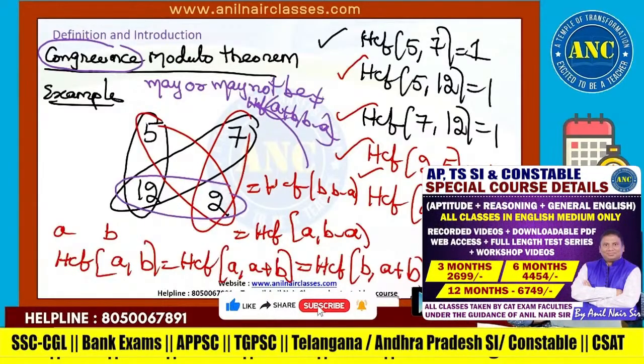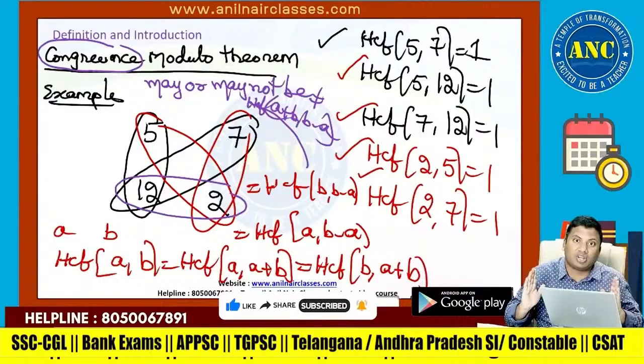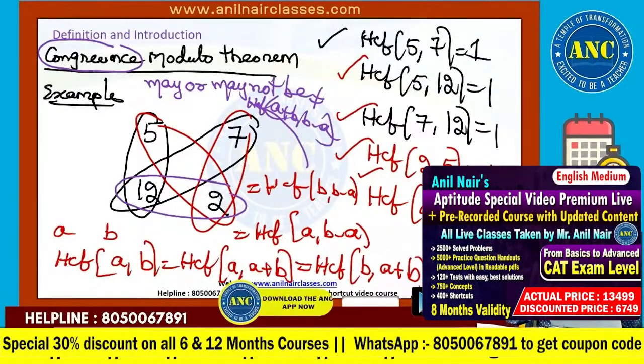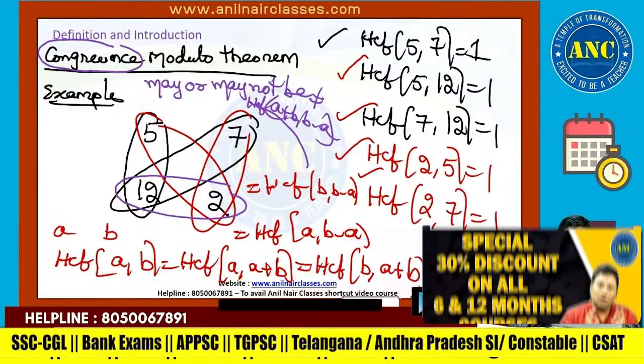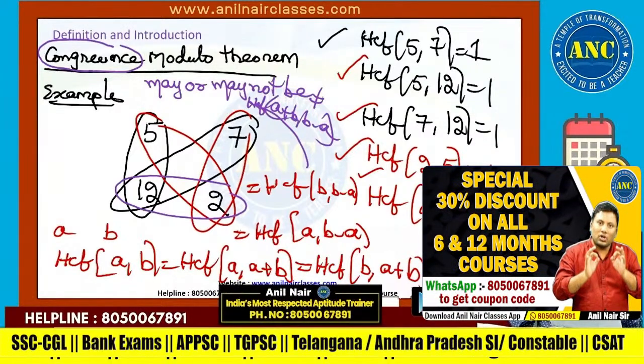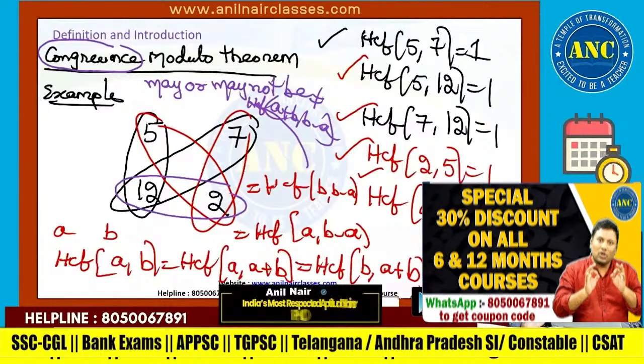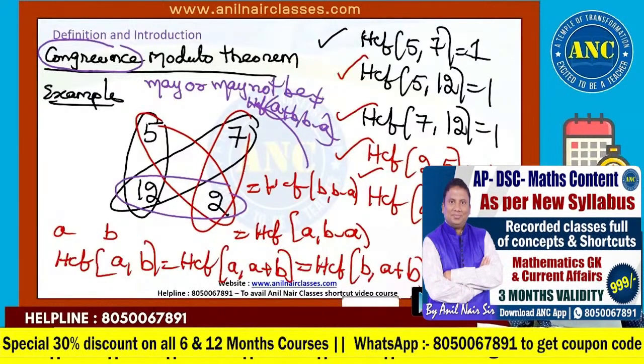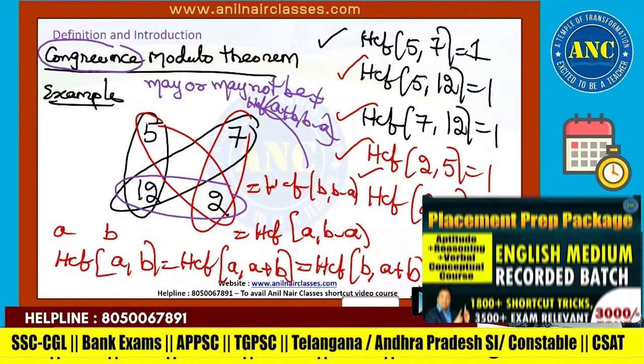Individual number with the addition of two numbers, individual number with the subtraction of two numbers, HCF does not change. If I do both, it may or may not be the same. Sometimes yes and sometimes no.